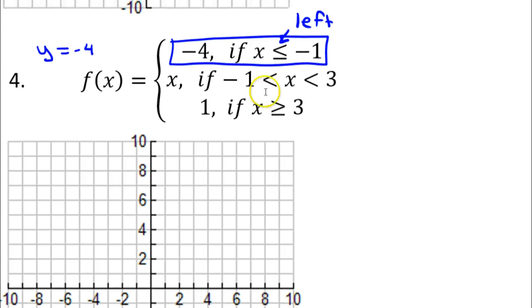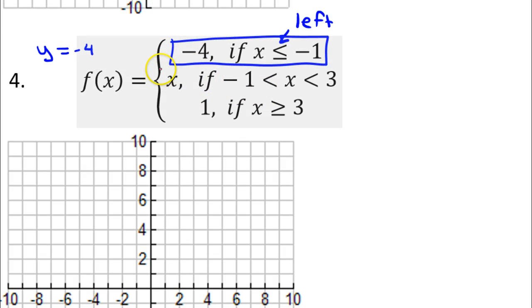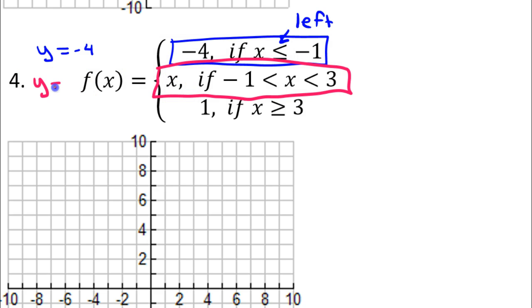Okay, so next we'll do this one. Now this one is not a horizontal line. Okay, when you look at this x, you should be thinking y equals x. Now that's not y equals a number, this is y equals a variable. That means this is a diagonal line. It means it starts out at a y-intercept of 0 and it has a slope of 1/1.